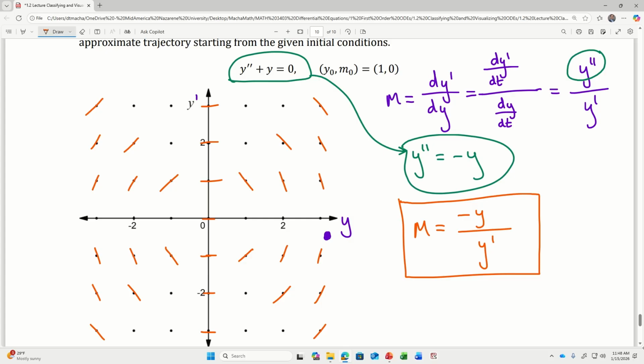If y prime is larger than y in absolute value, I'm going to get pretty shallow slopes. And so that's going to be pretty shallow here, here, and here. Shallow positive.